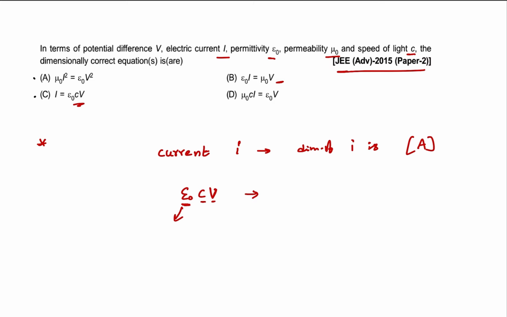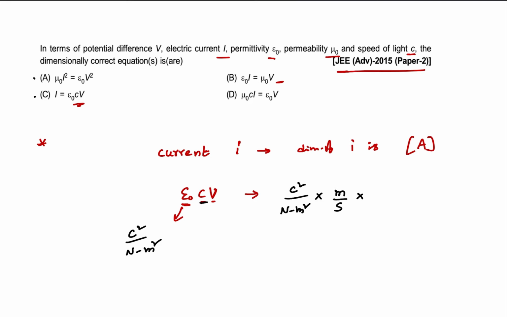I am writing here the units. The unit of epsilon naught I can write as Coulomb square divided by Newton meter square.